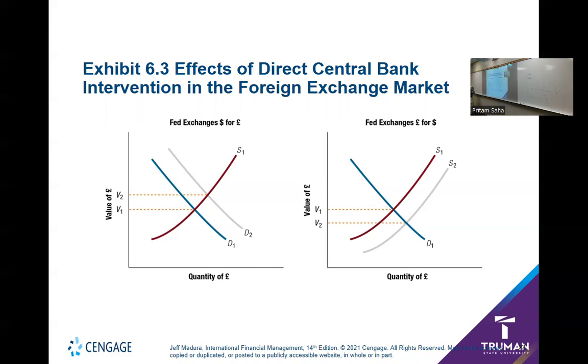They will directly go to the market and increase or decrease their reserves of home or foreign currency, so that they can influence the exchange rate as they want. Make sense? Either increasing demand or increasing supply, something like that.